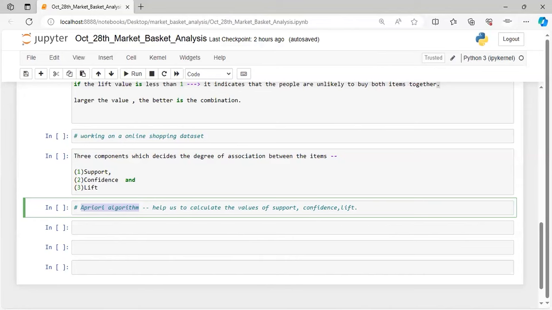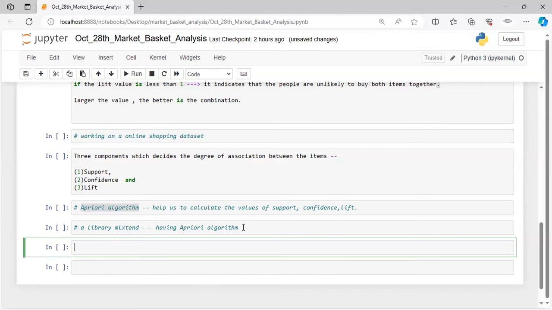Naturally, this is not available in our sklearn, so we have to install MLxtend. Although it is already available in my system, so I'm not installing it again, but you can. So pip install mlxtend.